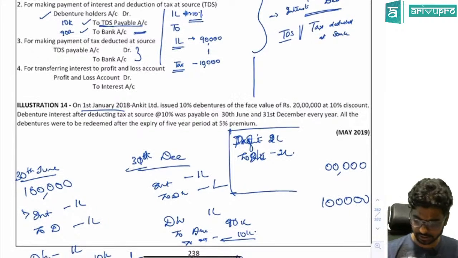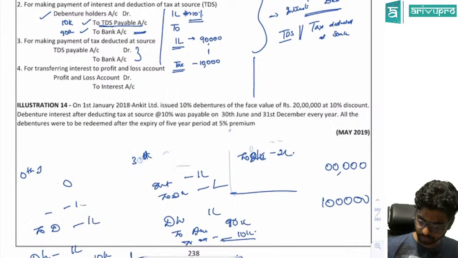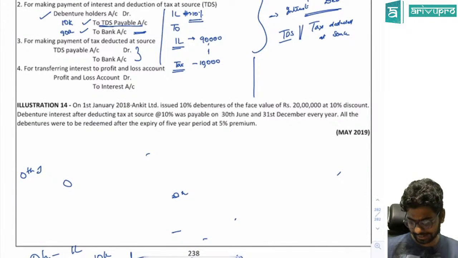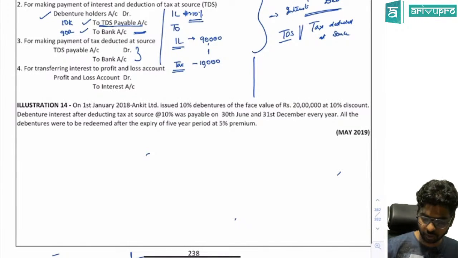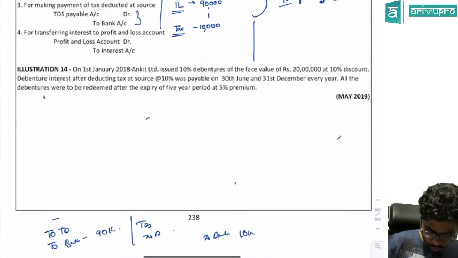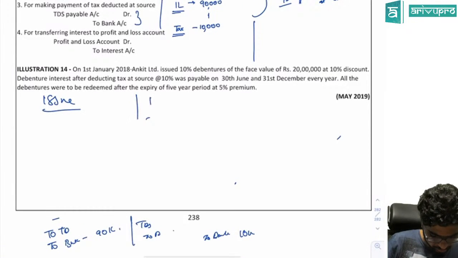Only the last year, see here. There are two entries I'm doing. The interest entry will be all the same for first year to 5 years. Now I'm only doing the issue entry and the redemption entry.